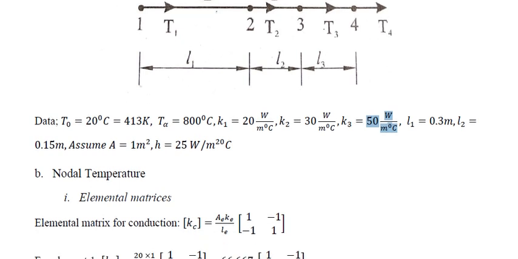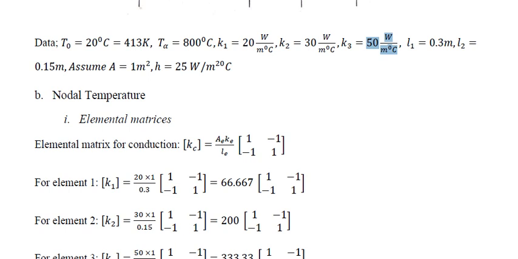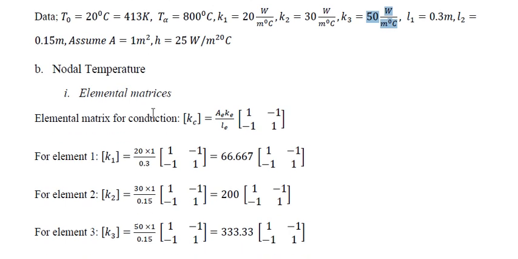Now we have to find out the conduction matrix for the three elements. What is the matrix? Kc is given as A K by Le times [1 -1; -1 1]. For the first element, A is not given. Once again, the cross-sectional area is not given.